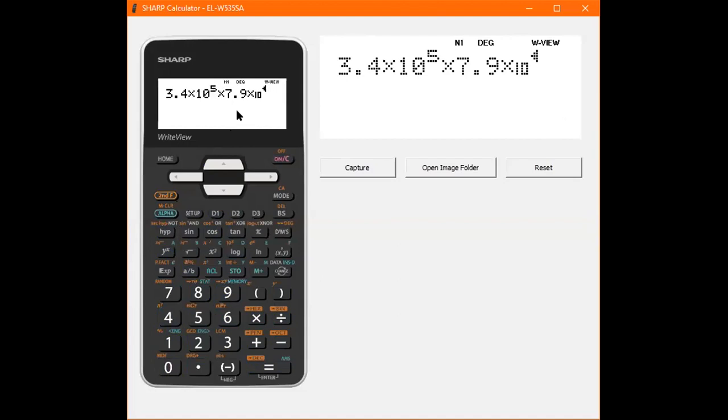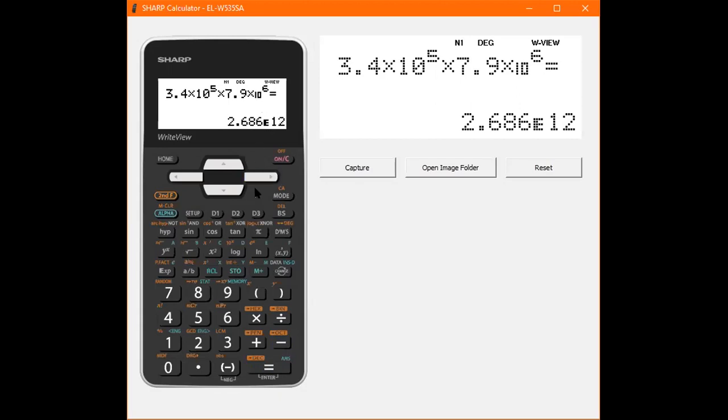You'll see the 10 is written differently, but it means the same thing. So it's just 2 different ways to write it, and equals, and then you can see we get 2.86, and e means times 10 to the power of 12. It's just the old way of writing it.